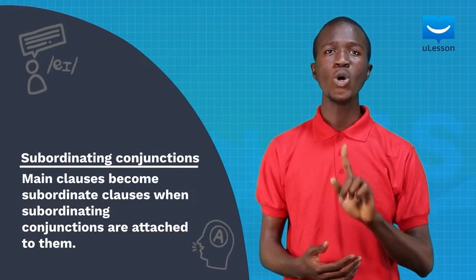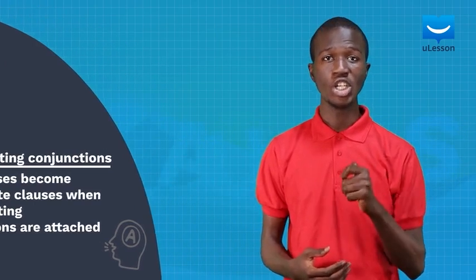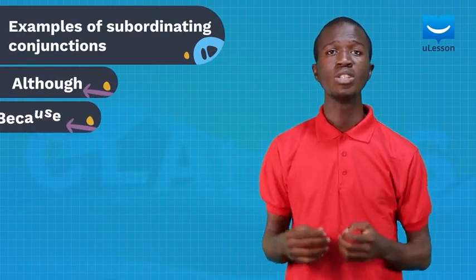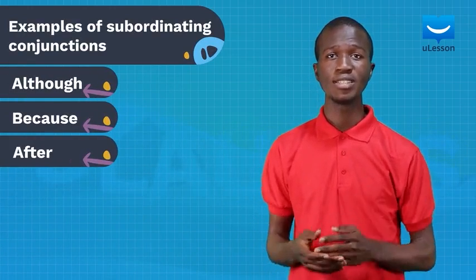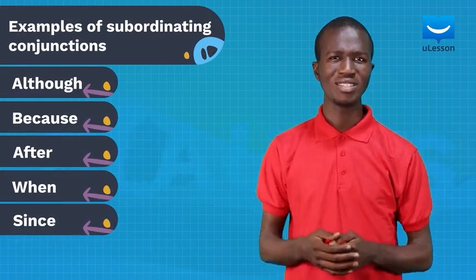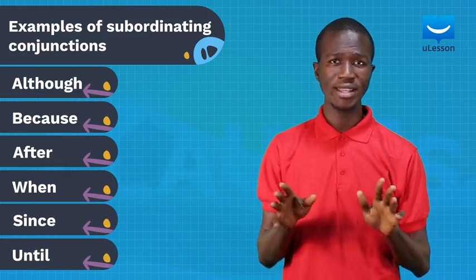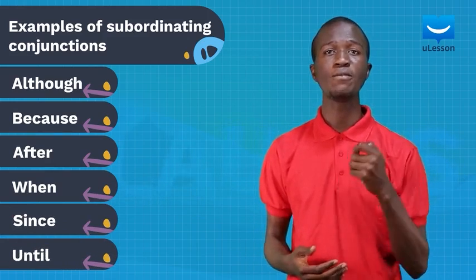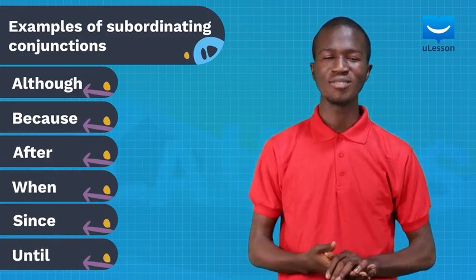This is why they are known as subordinating conjunctions. These words include although, because, after, when, since, until, and many others. We will come across more of them as we look at the different functions of adverb clauses.